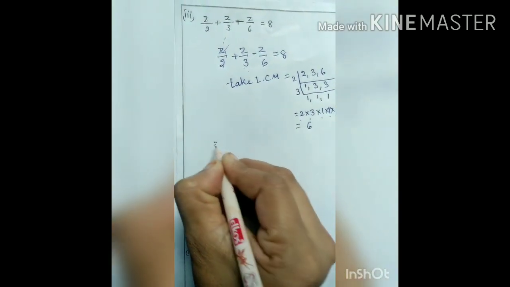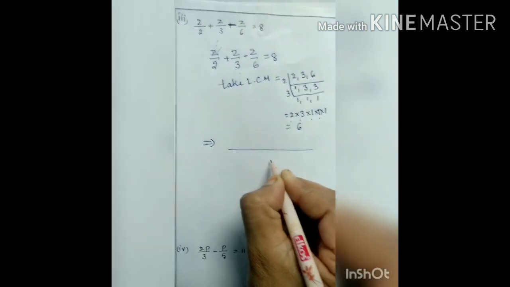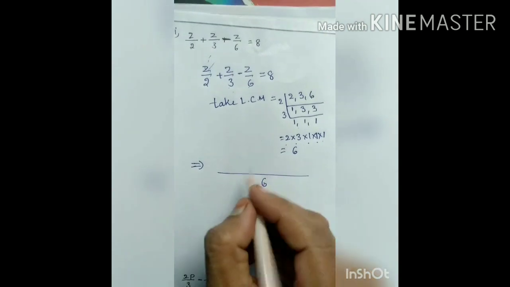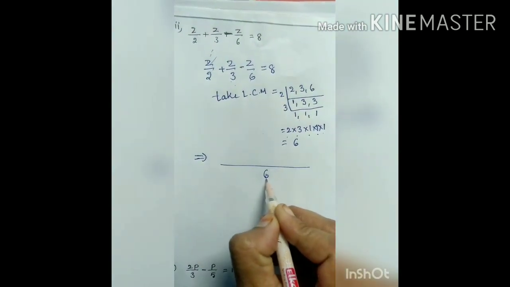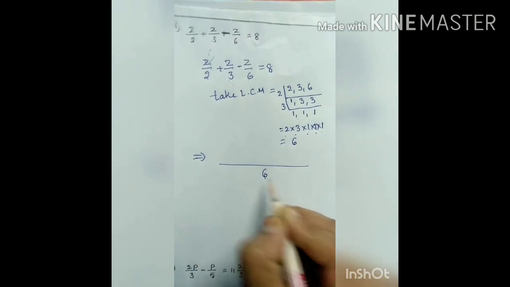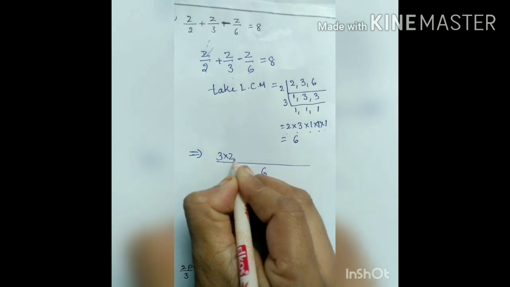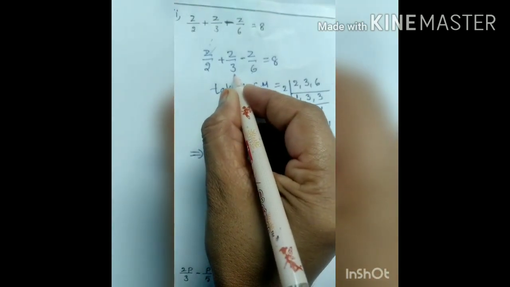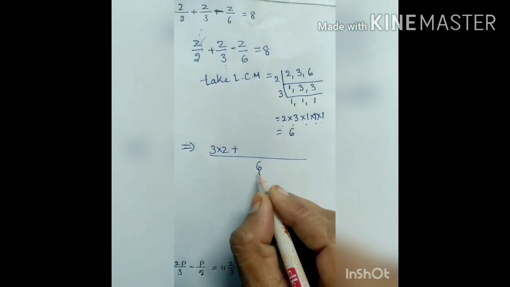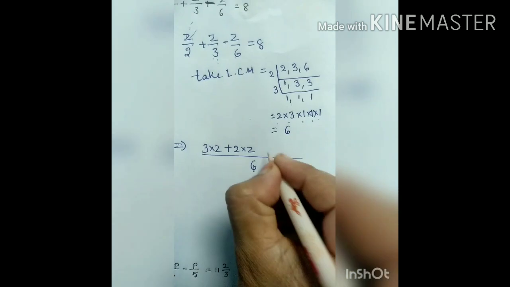So we have the equation over 6. How many times does 2 go into 6? 3 times, so 3 into z. For the second term, how many times does 3 go into 6? 2 times, so 2 into z.